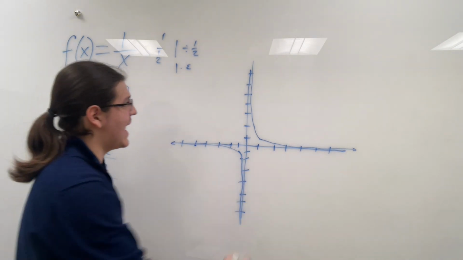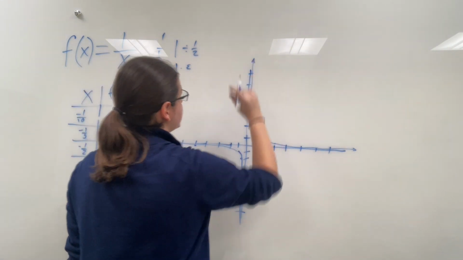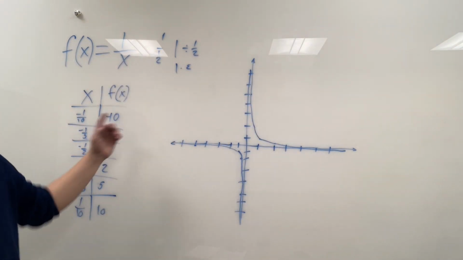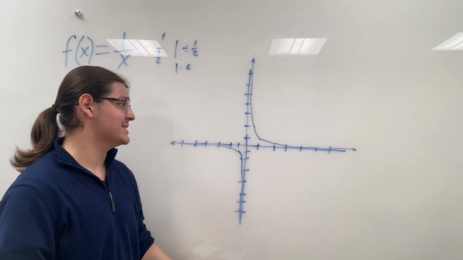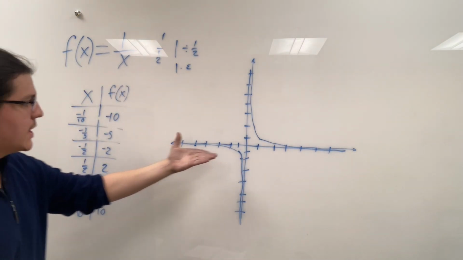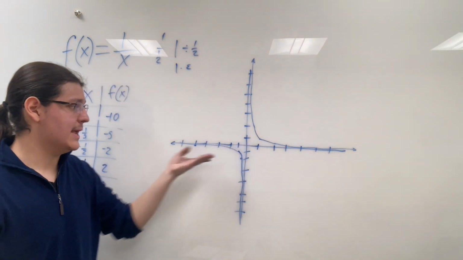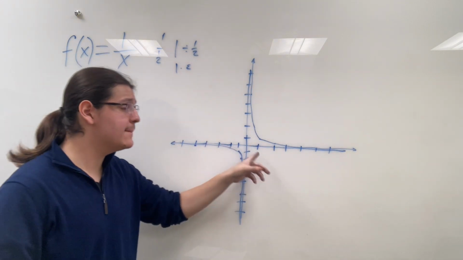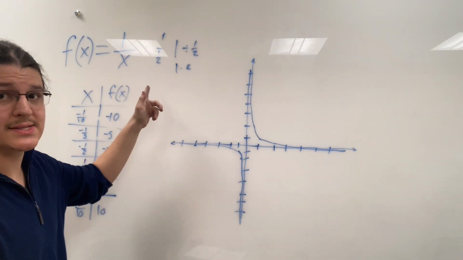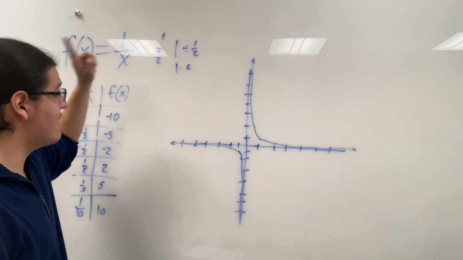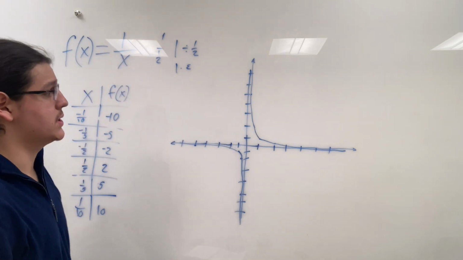we can see that it does not even pass the y-axis at 0, because the x-axis tells us what our inputs can be, but this says that you cannot have 0 as an input.